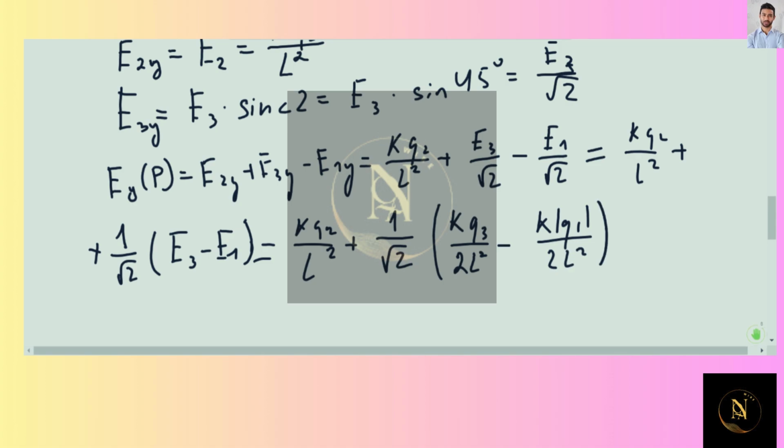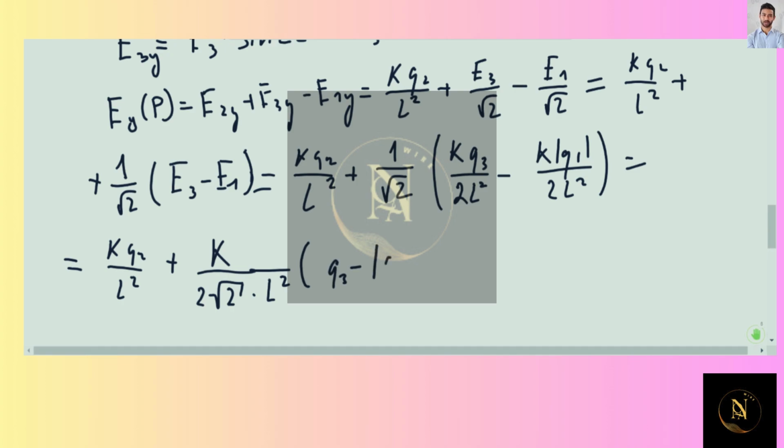Now let's finally simplify this expression. So kq2 over L squared plus k over 2 multiplied by square root of 2 multiplied by L squared, and it's all multiplied by q3 minus absolute value of q1. So now let's simplify it again.